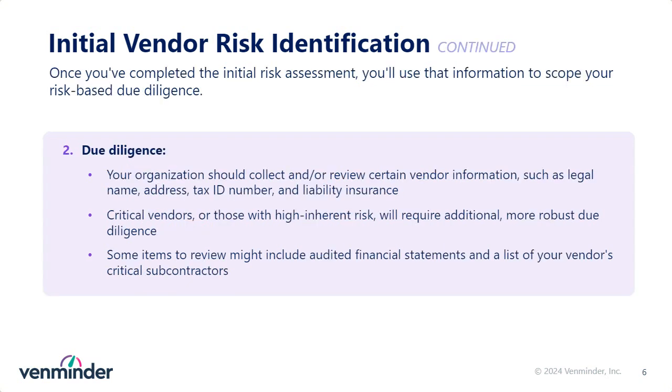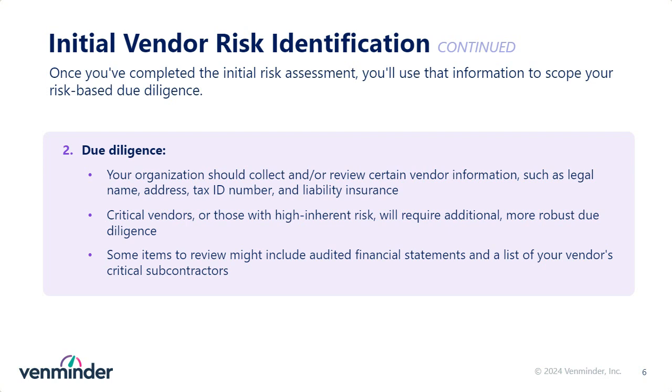So once you have determined the inherent risk and the criticality, you can now use that information to determine the scope of your risk-based due diligence. How big will it be? How small will it be? For all vendors, regardless of inherent risk and criticality, you should collect and/or review certain basic foundational vendor information, such as their legal name, validate their address, obtain their tax ID number, maybe review their insurance coverage.